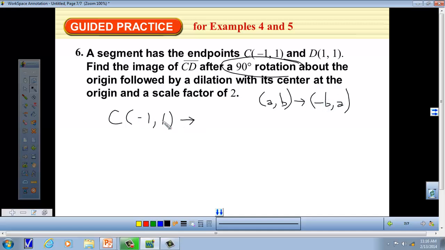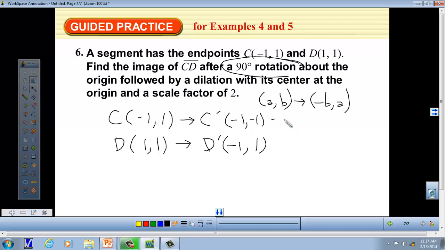So if I flip these, there would be 1 up front and negative 1 at the back, but this becomes the opposite sign, so it's negative 1, negative 1. For D, we have 1, 1, and flipping that doesn't really change anything. So when we do the 90 degrees, we flip them, this becomes the opposite sign, and this stays the same. And then finally, we want to do a scale factor of 2.